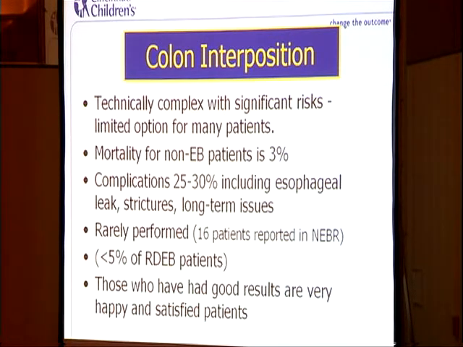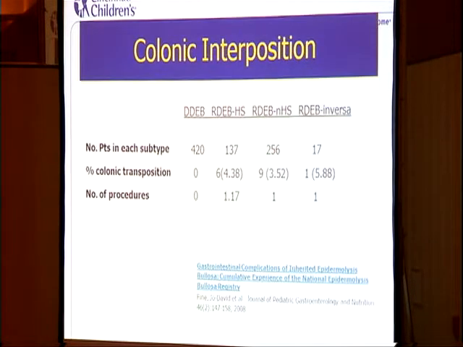Unfortunately, there's no information about how well they did. They survived their operation, we know that. And the good thing is that those that I've talked to and those patients that I've also done this operation on, if they've had a successful operation, they're really quite satisfied with the results. So it does work for patients who have this issue.